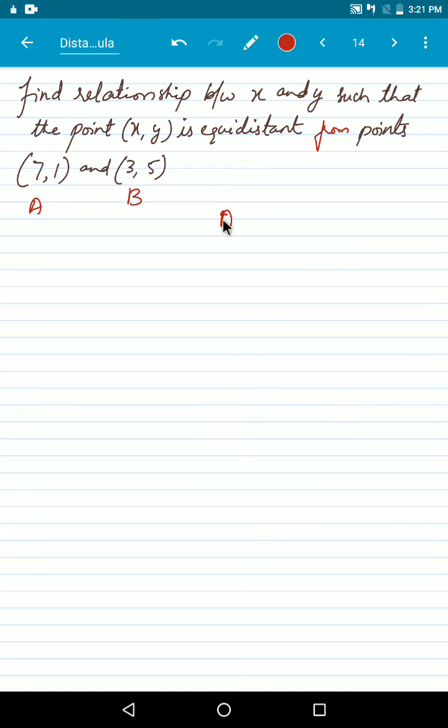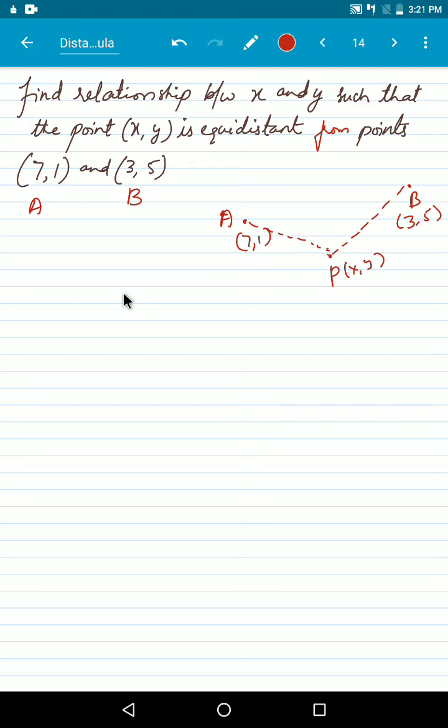Let us take A as (7, 1) and B as (3, 5). Let this point be P, somewhere here, (x, y). This distance PB and this distance AP are equal.